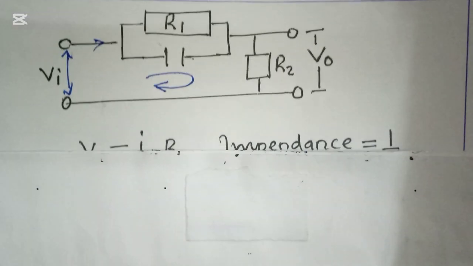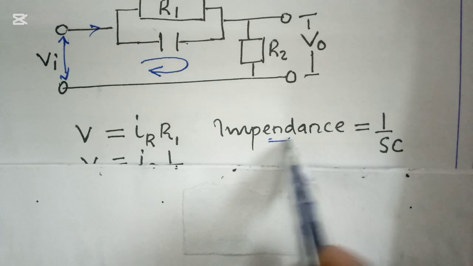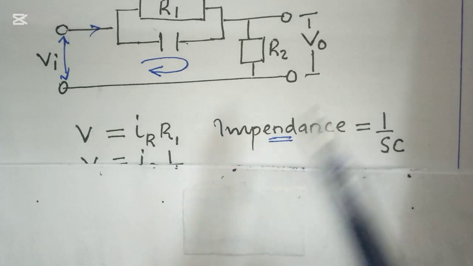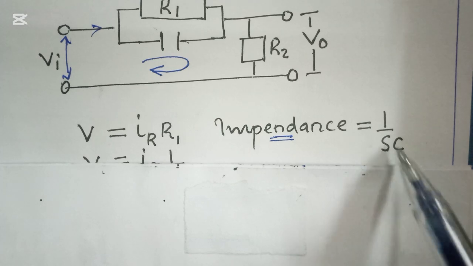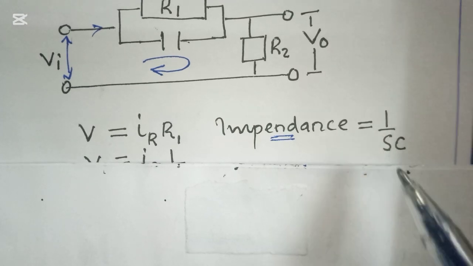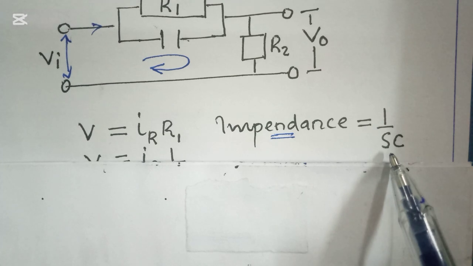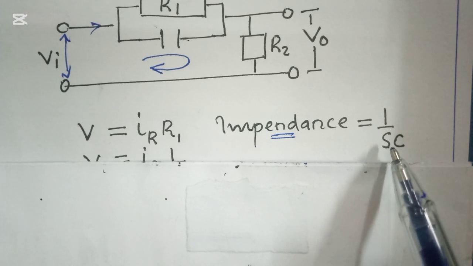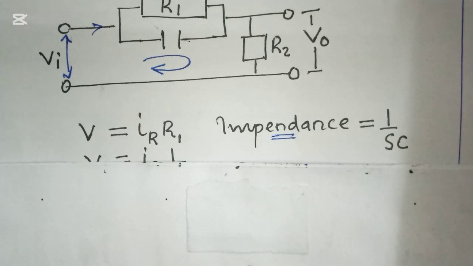The first thing we need to recognize is what we call impedance. The impedance of a capacitor is given by 1 over SC, in Laplace transform. Already when we write that, we are in Laplace transform.